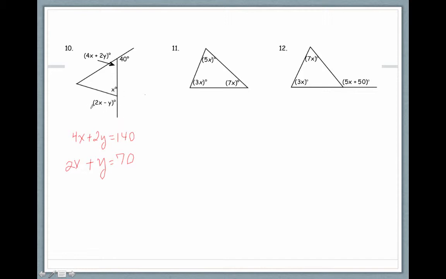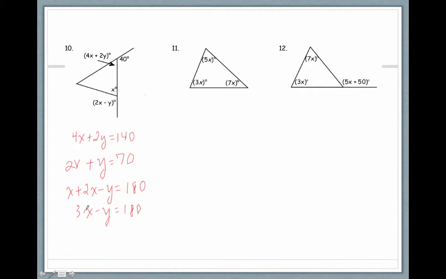And then here we have that x plus 2x minus y equals 180. So that's 3x minus y equals 180.